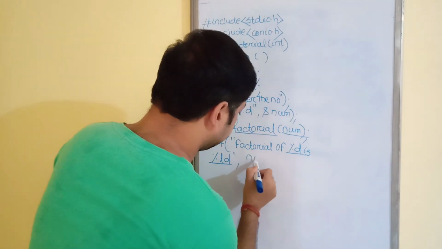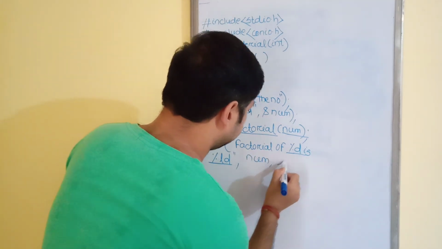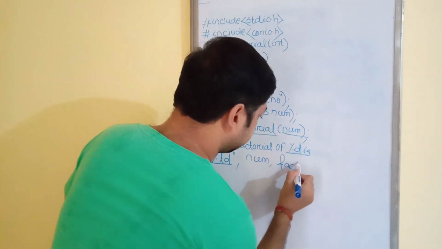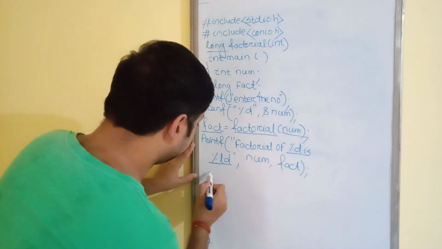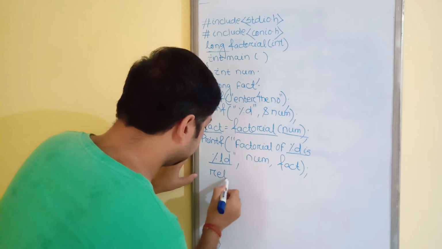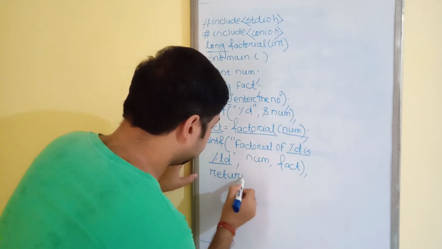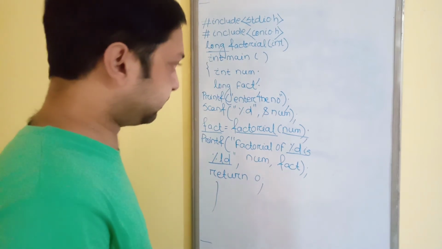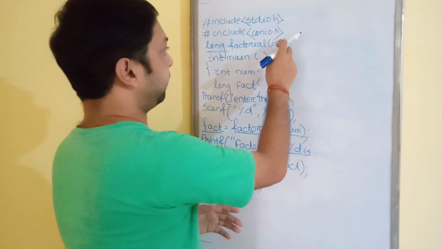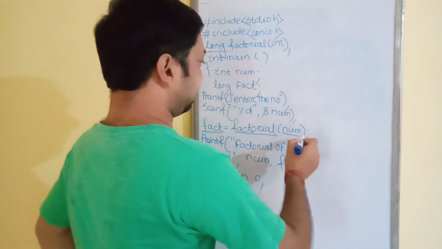So you can write here num, and then fact. Next part is to return the value, that is return 0. That's all. So this is your function declaration, this is the function call.